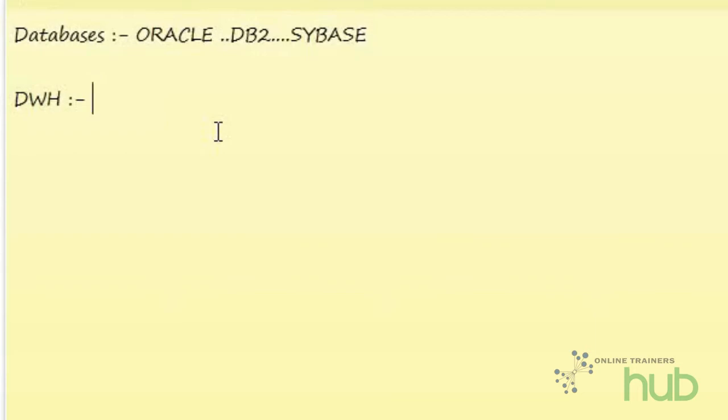In any business, whenever they want to assess their business in terms of productivity, quality, revenue, or profit, you need a data warehouse, which can help you improve your business.